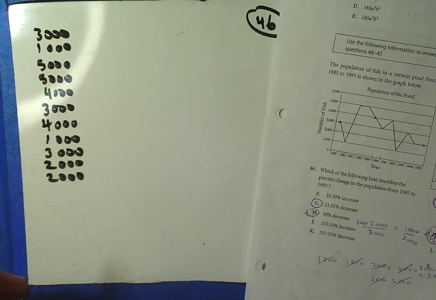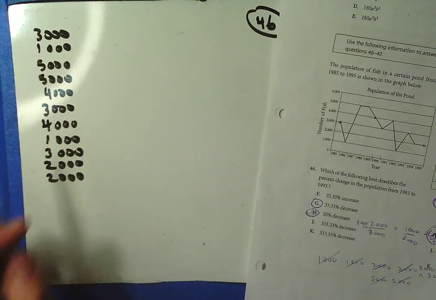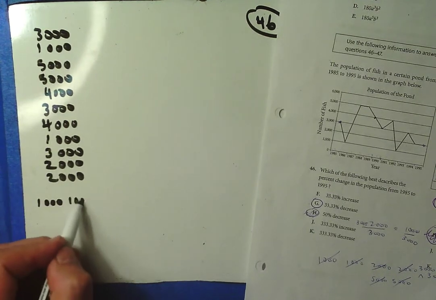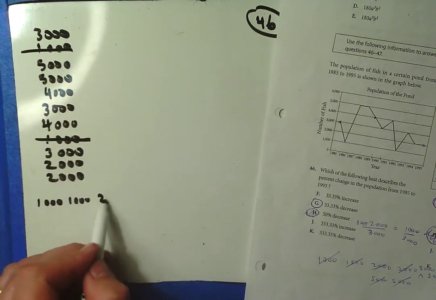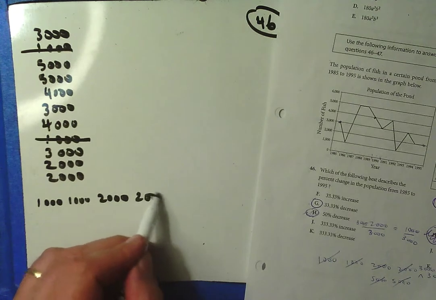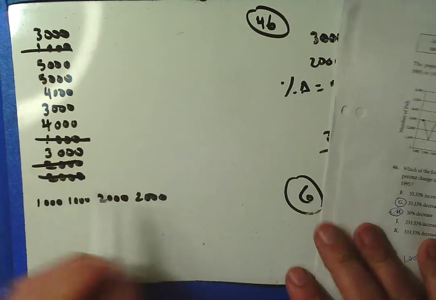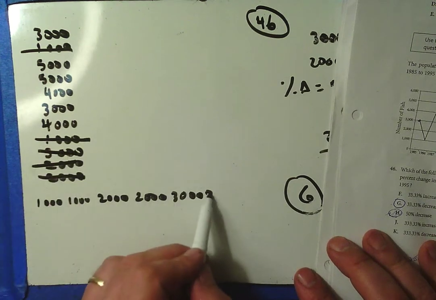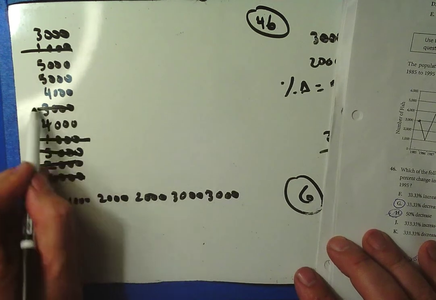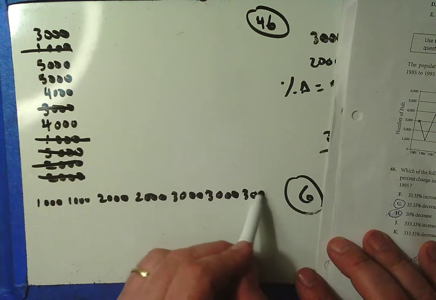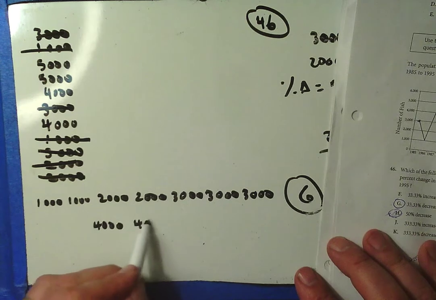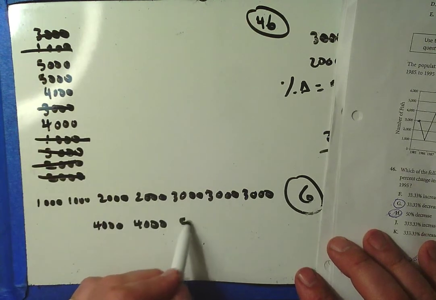Well, remember, median is the number in the middle when you put them in order. So 1,000, 1,000, 2,000, 2,000, 3,000, 3,000, another 3,000, and then 2 4,000s and 2 5,000s.